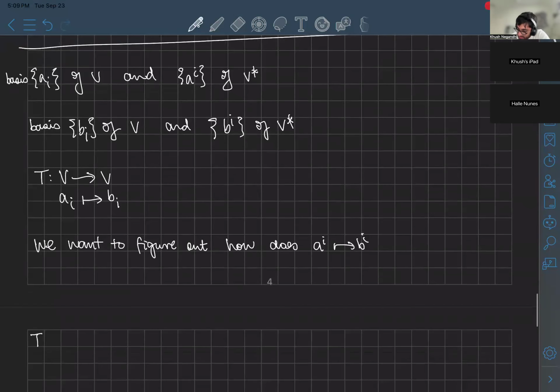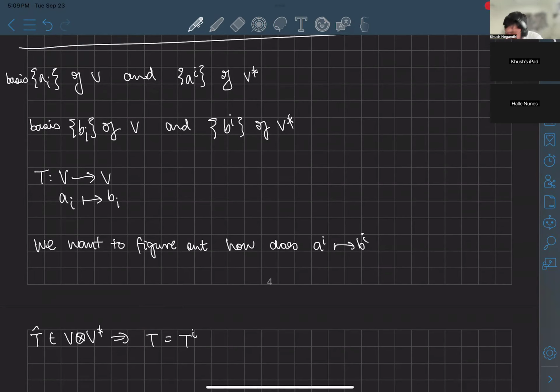If you remember above, we can write a map from V into V as T hat from V tensor V dual. I'll be a little loose with it and call the map T hat and T by the same letter.